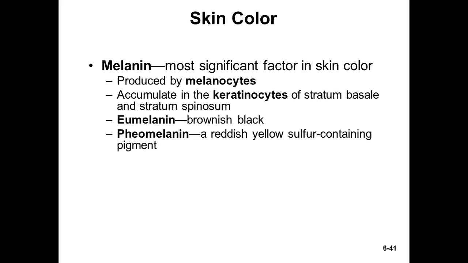Skin color varies with exposure to ultraviolet rays of sunlight, which stimulates melanin synthesis and darkens the skin. A suntan fades as melanin is degraded in older keratinocytes, and as the keratinocytes migrate to the surface and what? Exfoliate.